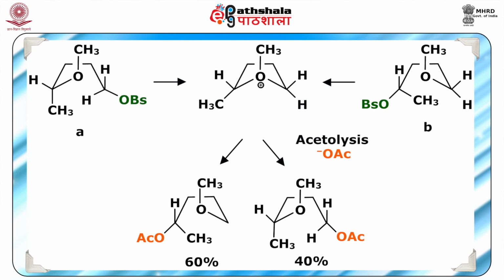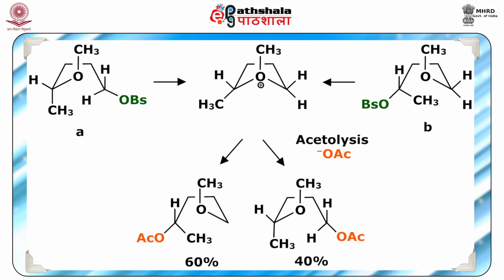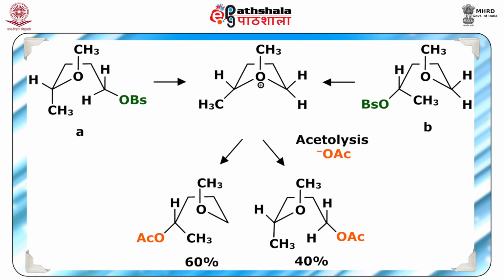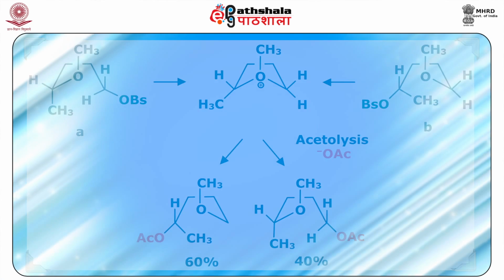So, it is irrespective whether you start from A or B, that is either you start from 4-methoxy-1-pentyl brosylate or you start from 5-methoxy-2-pentyl brosylate. In both the cases we get these two products in this particular composition.